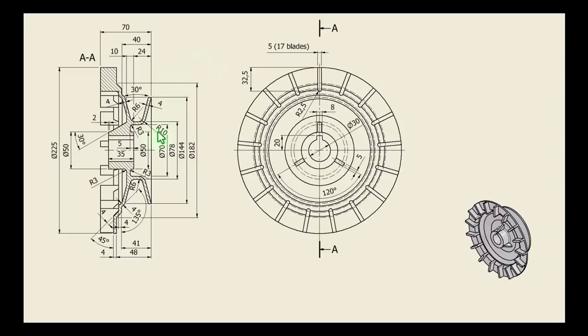We have dimensions radius 10, 144, 70 here, and this distance of 24 from this face, which contains the center point. Let's create this, and the angle of 30 degrees is to be mentioned.